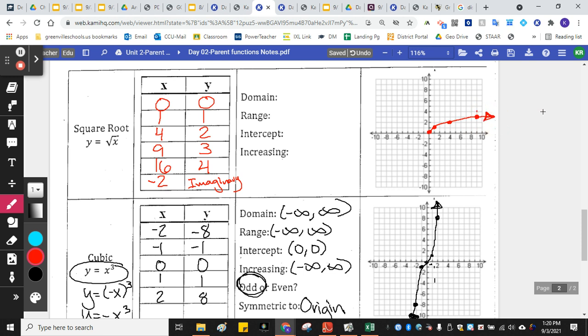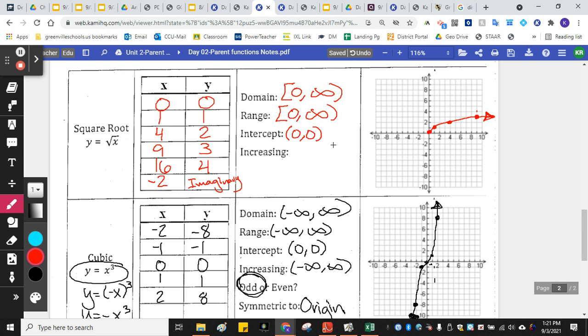All right. Domain. 0 to infinity. Range. Same thing. Intercept. 0, 0.